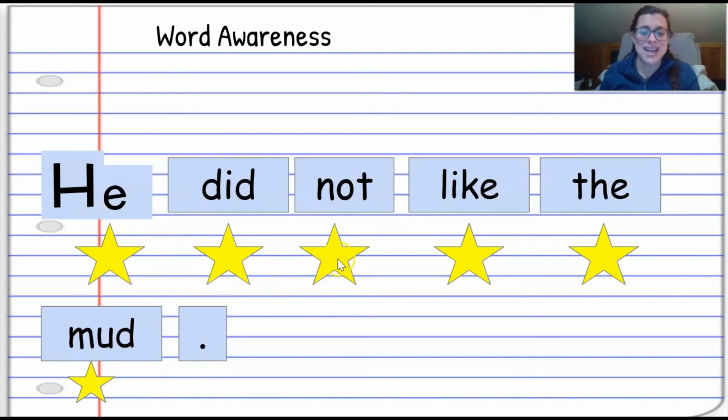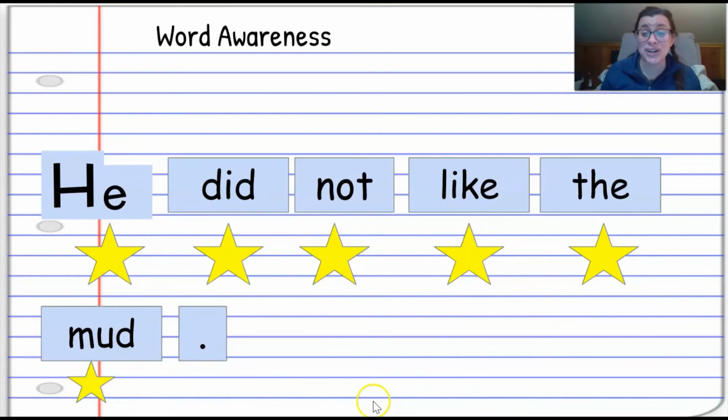He did not like the mud. Read it with me. He did not like the mud. Now you try. Great. How many words do we have in this sentence? 1, 2, 3, 4, 5, 6.